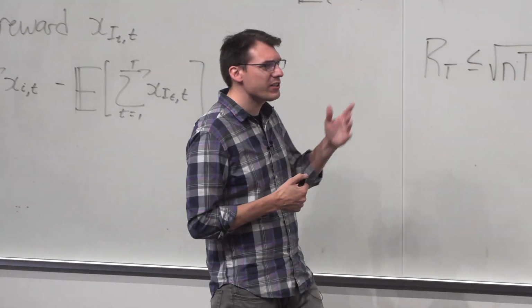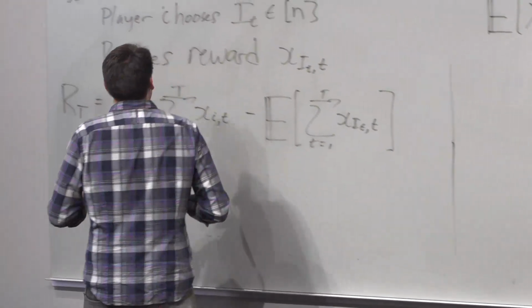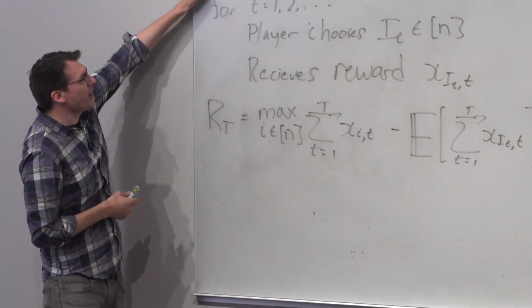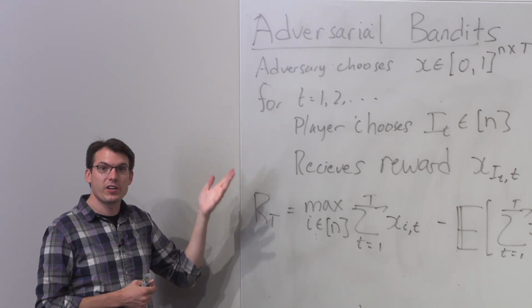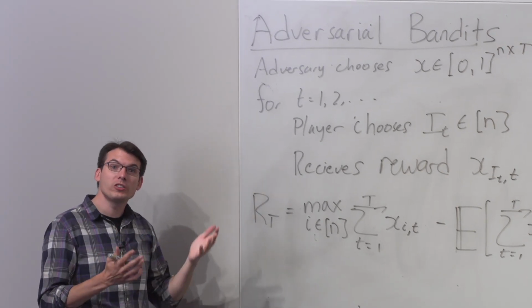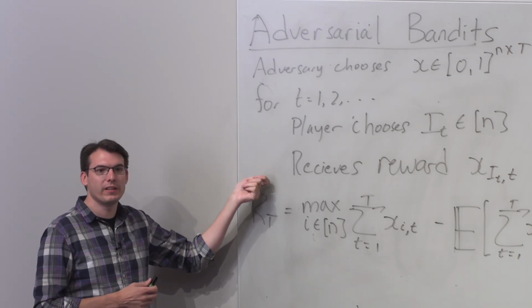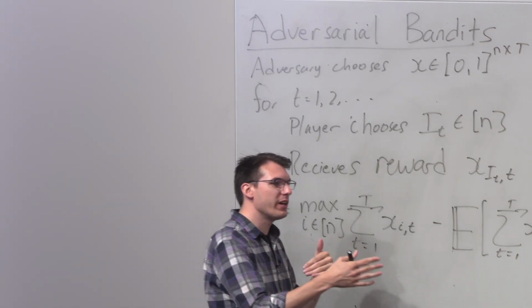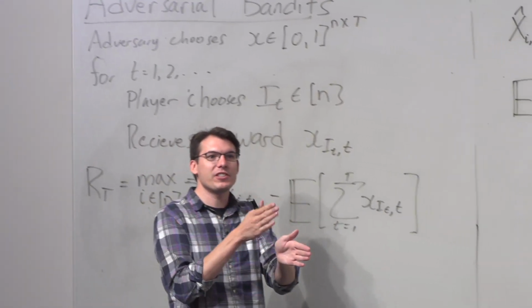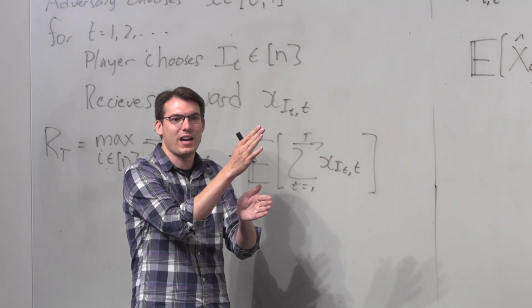The last thing I want to say about this is that here I assumed that the adversary chose rewards before the start of the game. You can also prove theorems about adversaries that actually adapt to what algorithm you're playing. So given what sequence of arms you played up to time t, the adversary can then choose what rewards to give you at that time.